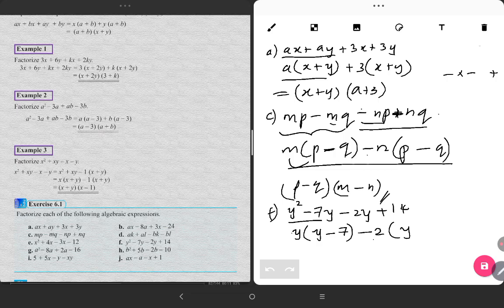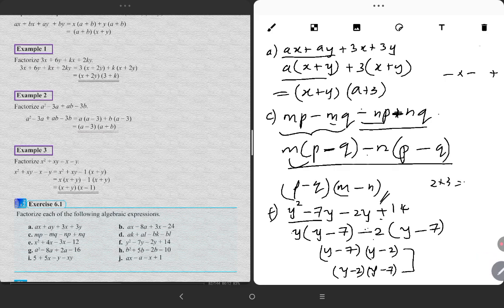And because of this plus and this minus, this has to be minus. And you see 2 times 7 is 14. So now you see the common term again, y minus 7, y minus 2. You can write it the other way around also, that is okay if you want to write it that way. Both of these are the same. It's like 2 times 3 is equal to 3 times 2, just like that.